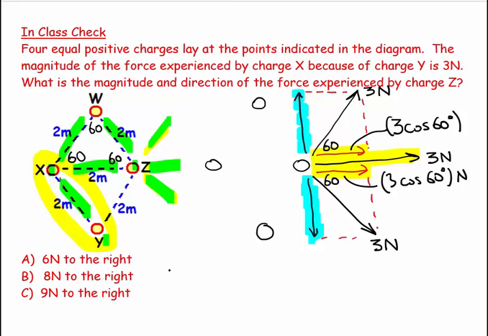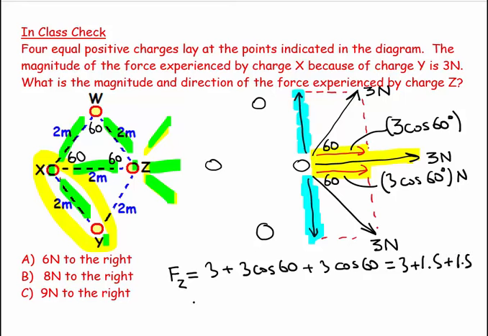So let's have a look. My force on Z is equal to 3 plus 3 cosine 60 plus 3 cosine 60, which equals 3 plus 1.5 plus 1.5.